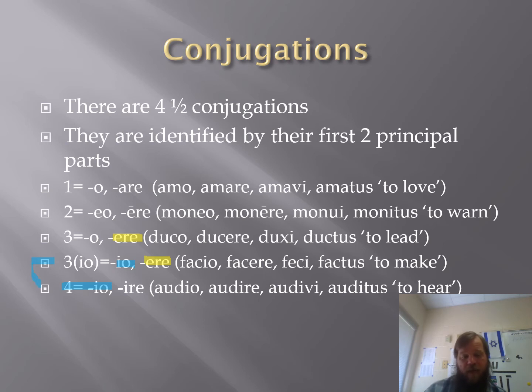But they are stuck being third because they have this short ERE here, which tells you that it's third. So they're wannabes. They are threes, but they want to be fours and act like fours. But that's why it's only a half, because there's not really anything new here. Third IO doesn't do anything new, it just acts like four, even though it looks like three sometimes. That's all that is saying.